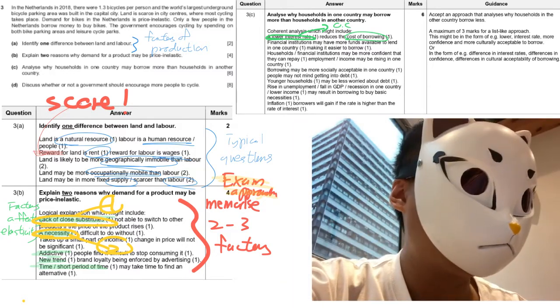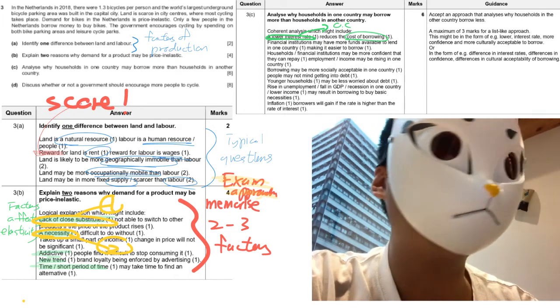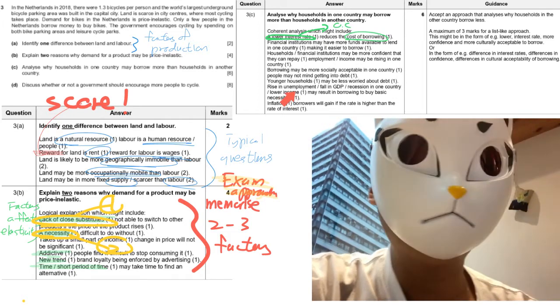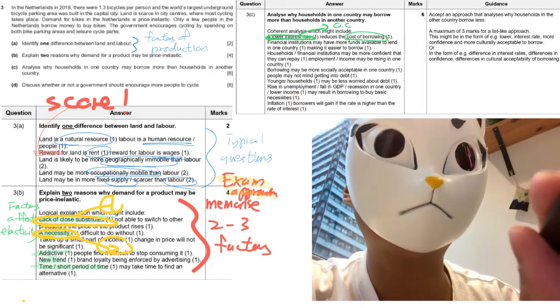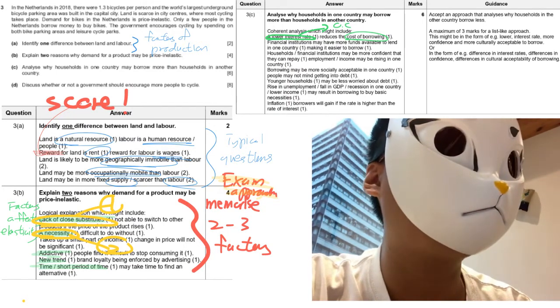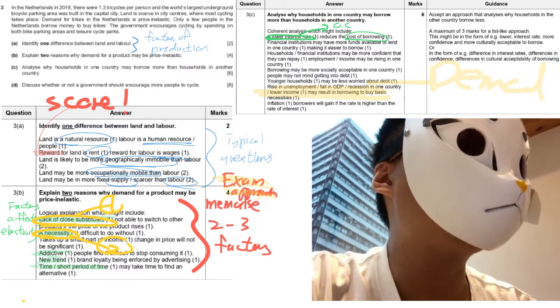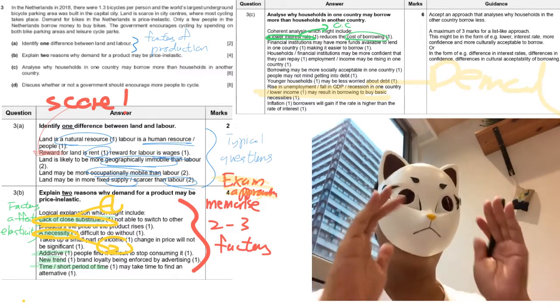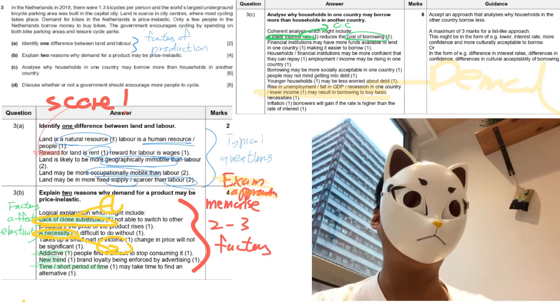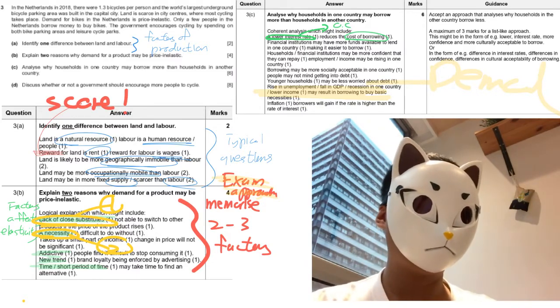The second one is the demand, whether they have a demand for loans. For example, if the country is very poor, they might have a demand. So it's about the cost and also the demand for loans. That is it for part C.